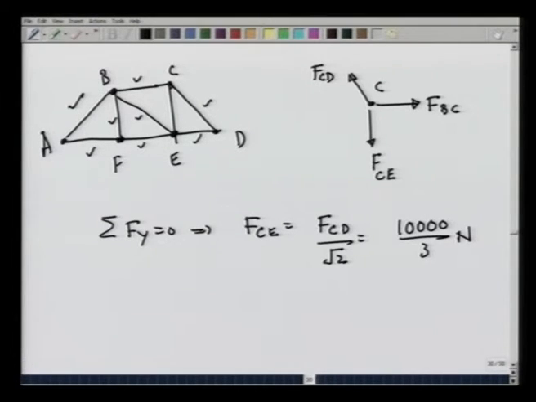At this point, we can also make a consistency check, because if I have done my calculations correctly, the x component must vanish automatically, and that it does.